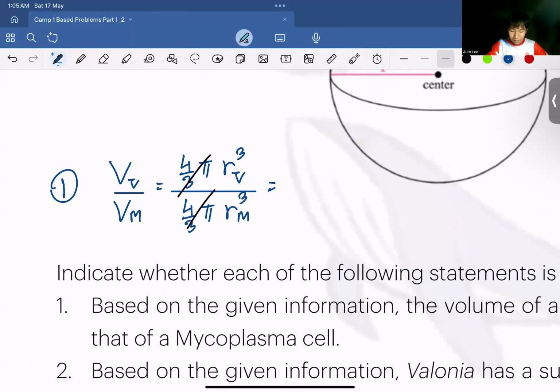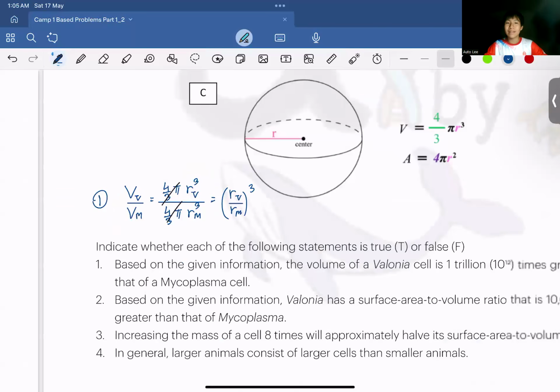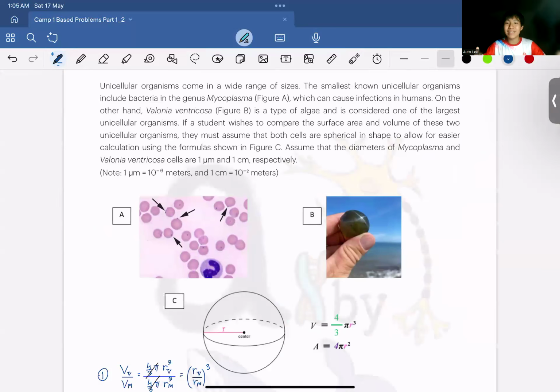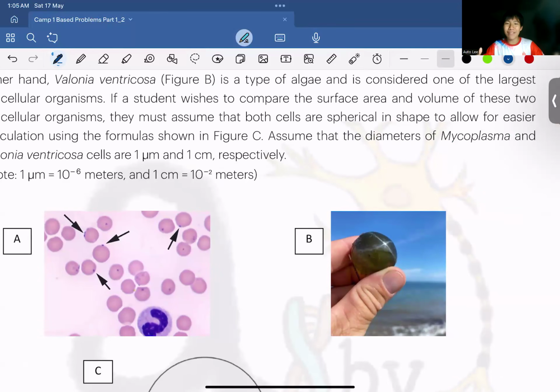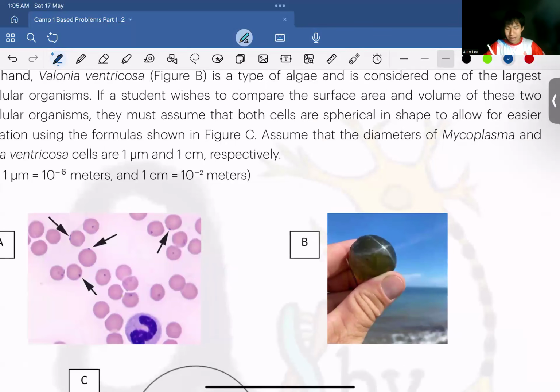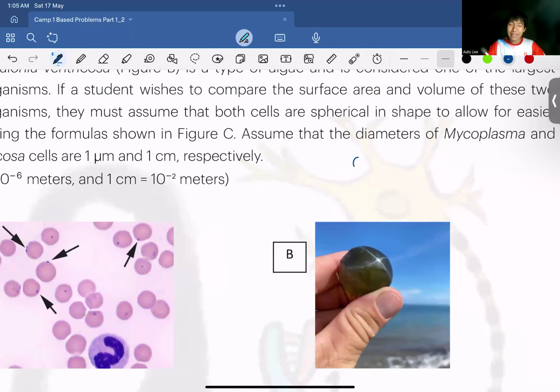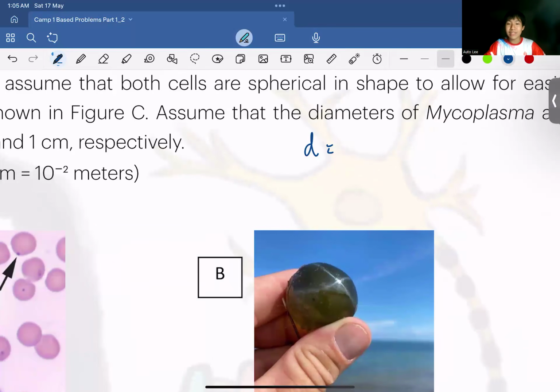We would yield something like this. But remember, this r right here is the radius, while the problem is giving us the diameter. Diameter and radius are proportional to each other, but to be rigorous, we can write that d is exactly equal to 2 times r.